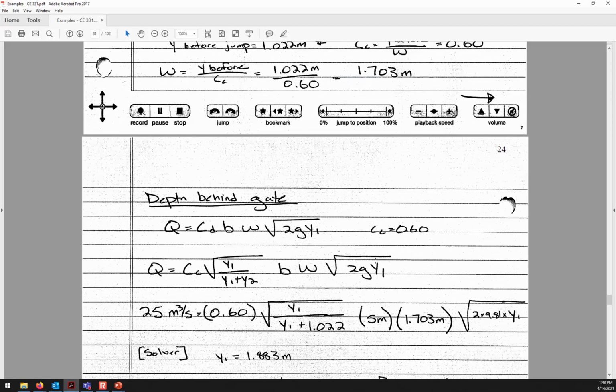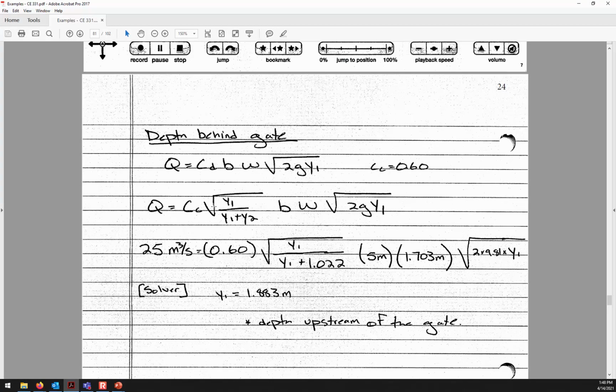So the depth behind the gate, you can see that the coefficient of contraction and the ratio of the depths are the two components of the C sub D. And we've got the gate width and the height of the opening of the gate. So just solving for the unknown depth, which is going to be in three locations. It's here is y1, here is y1 because it's in both of those locations for the coefficient of discharge, and it's also in the orifice equation part of it. So once we use Solver, then the depth should be 1.883 meters.